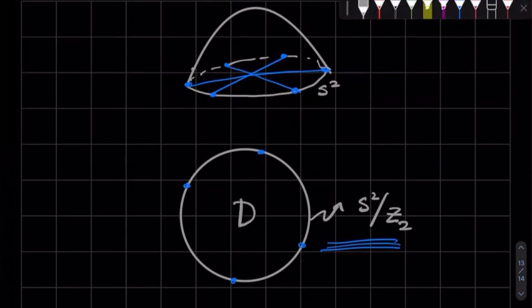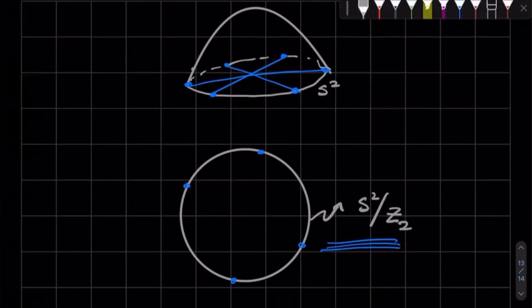No, I don't know what we want to call it, but this is not a simple disk. It's probably what is known as a projective disk or something like that. This is like some version of RP. It has a name, but I forget. So the interior is not S2.